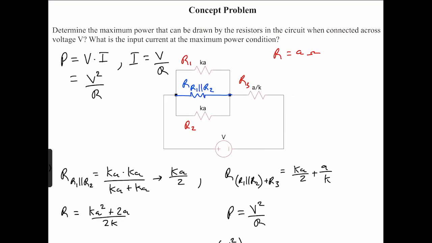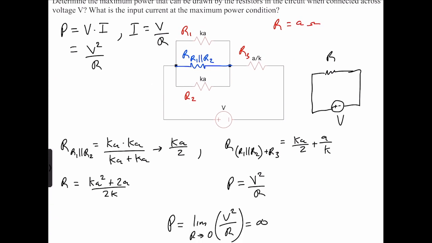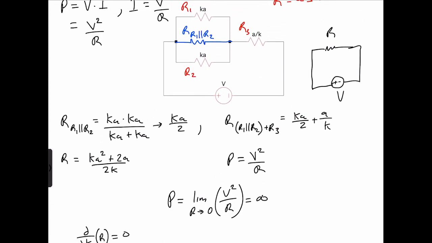So this was just a basic concept problem where we used the parallel combination for two resistors. We added both resistors in series. After we did that, the circuit became V over R. We use that to then find the maximum power condition.